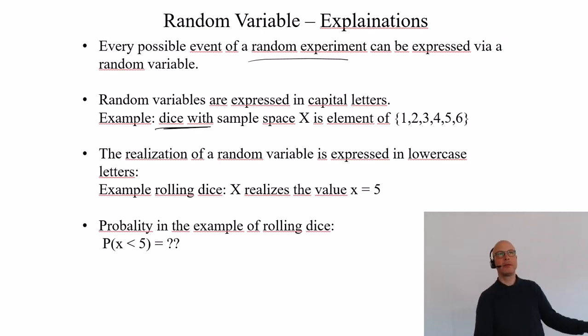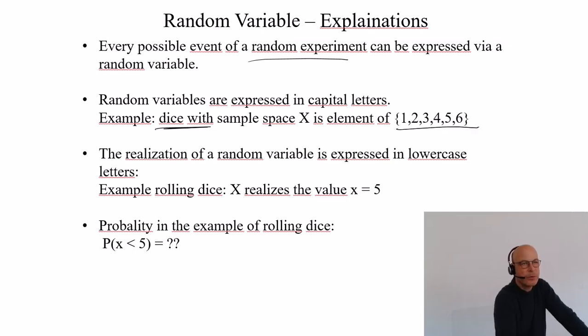And there we know that our sample space is the outcome of the numbers which we can see in the end after having thrown our dice: 1, 2, 3, 4, 5, 6. This is our sample space, and here we assign this with capital X. So capital X can be the number 1, 2, 3, 4, 5, 6.